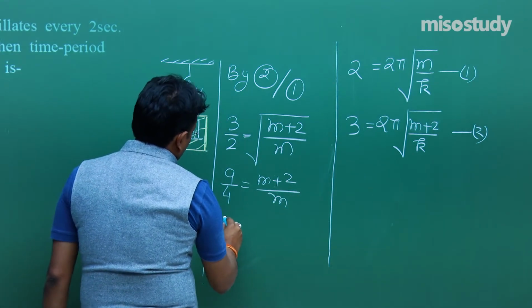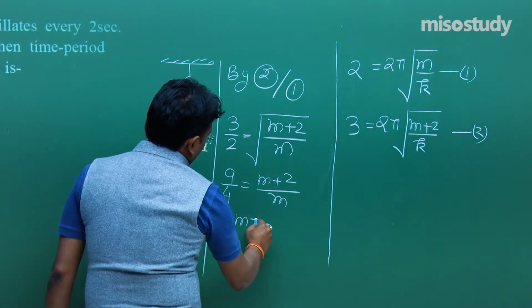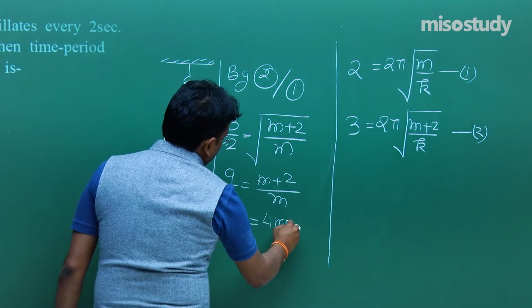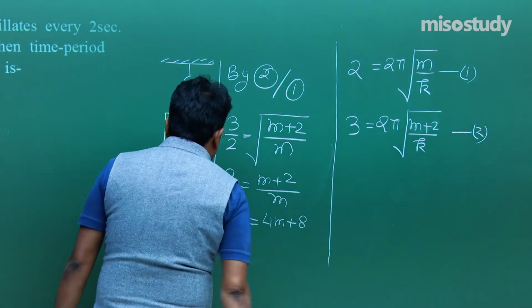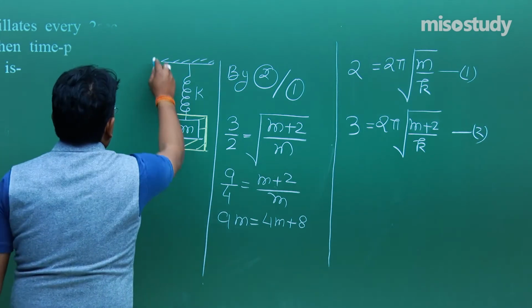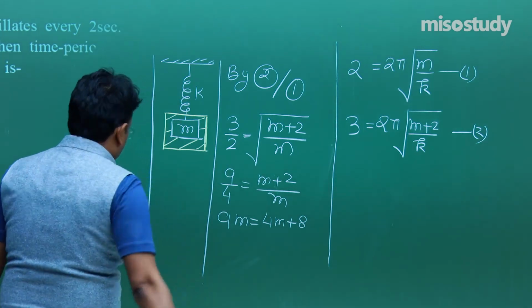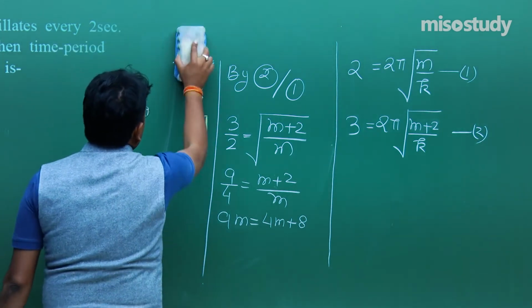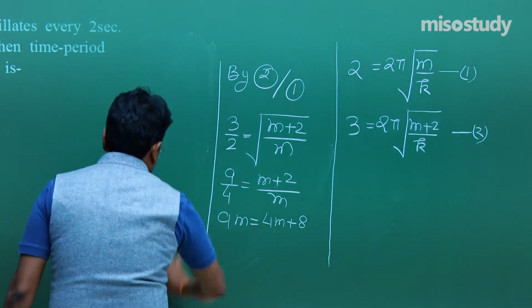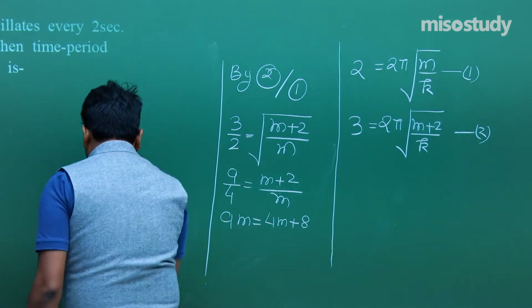So, this will give you 9m is equal to 4m plus 8. It will give you how much? I think now I should remove this diagram, it is not required, so that we can use this space.